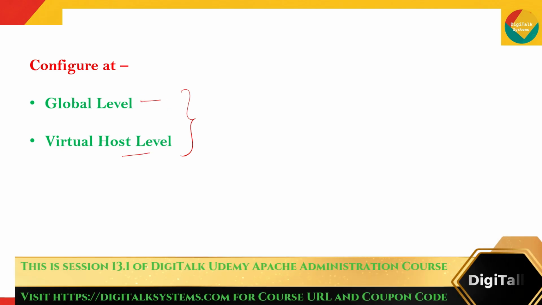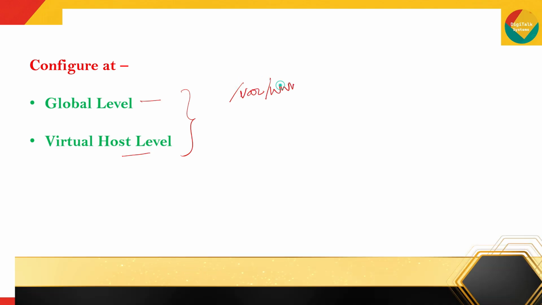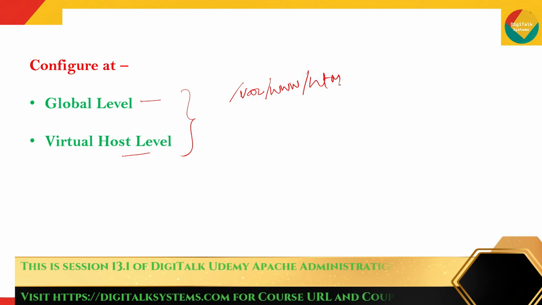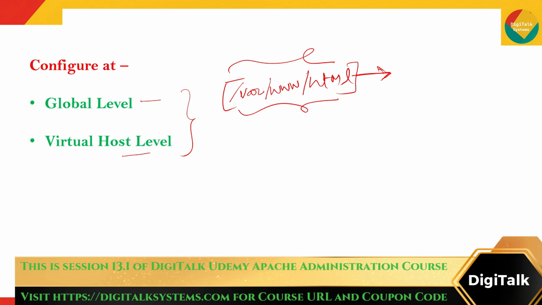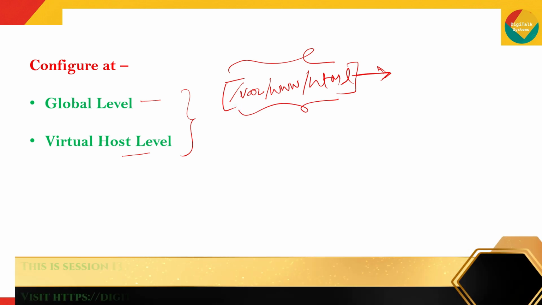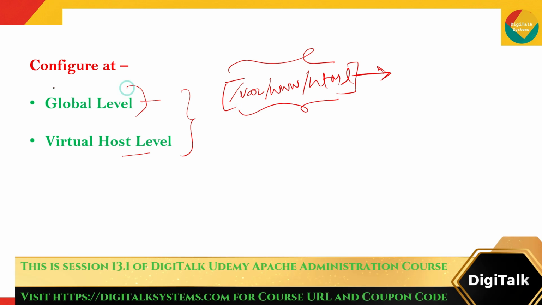In the session where we hosted a static website on the Apache web server, we learned that we have a default document root, which is /var/www/html. Any website that we host inside this location, if this directory is defined as the document root in your httpd.conf file, is going to be a global level of configuration, or global level of hosting of the website.